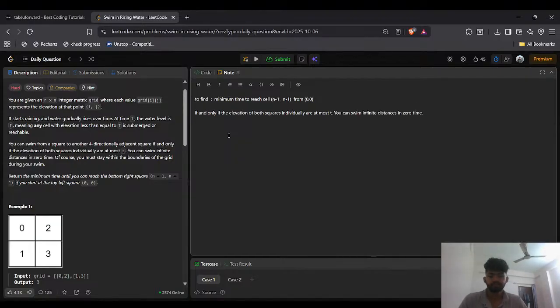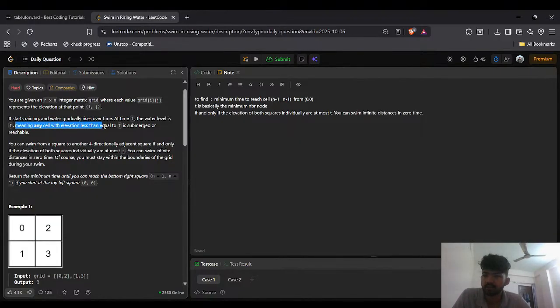What is t? T is basically the minimum neighbor node, right? T is basically the minimum neighbor node. And are we missing anything?